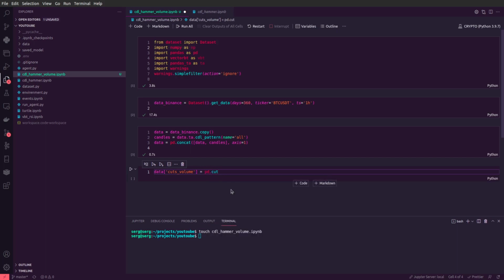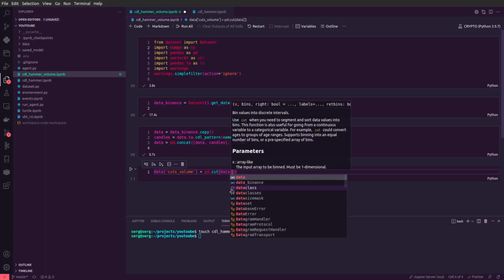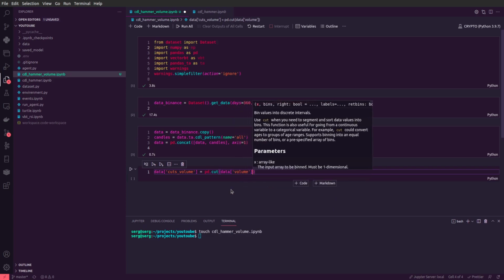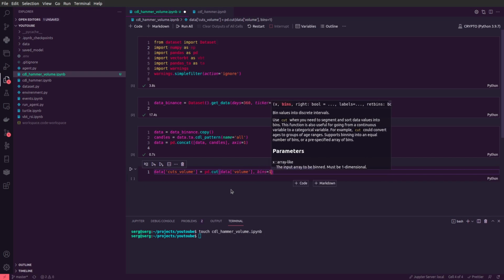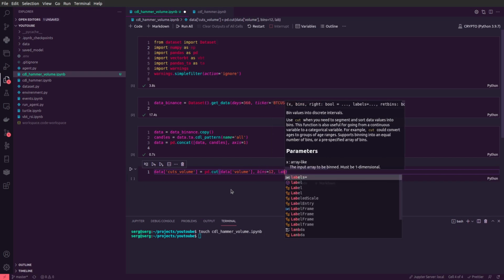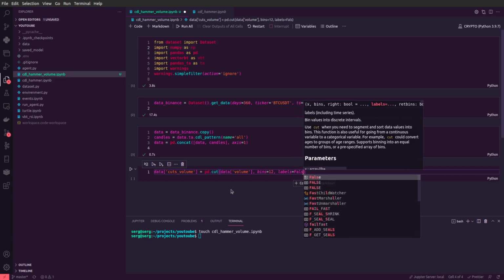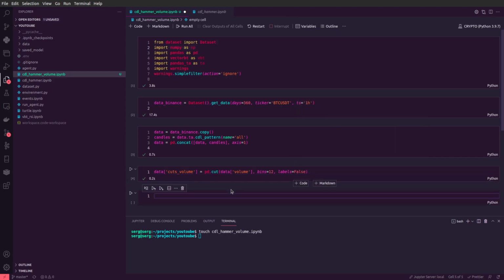You need to use pandas cut and indicate the volume, and I would like to get 12 labels, and labels would be false.